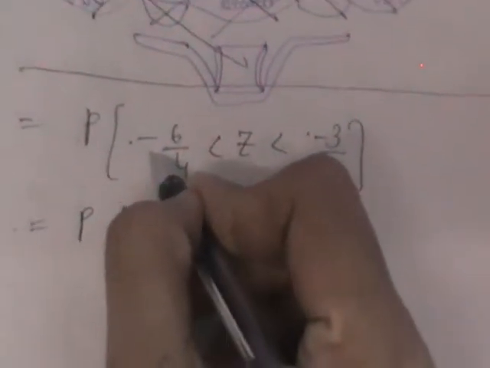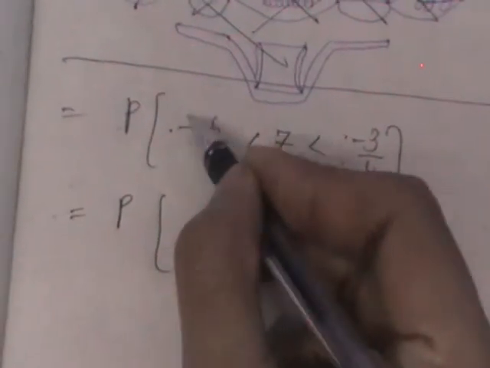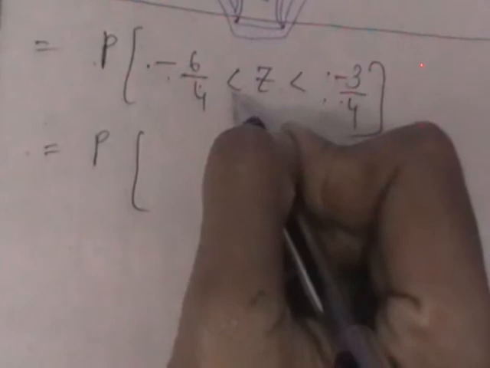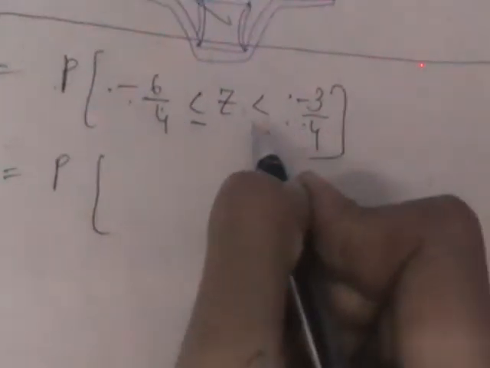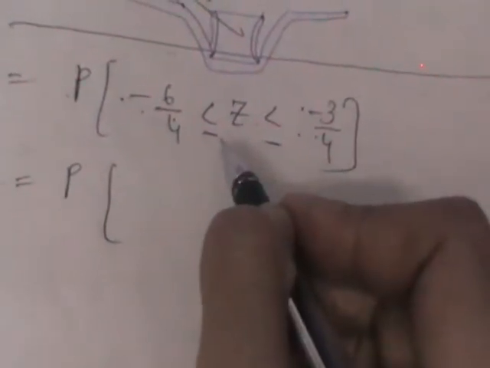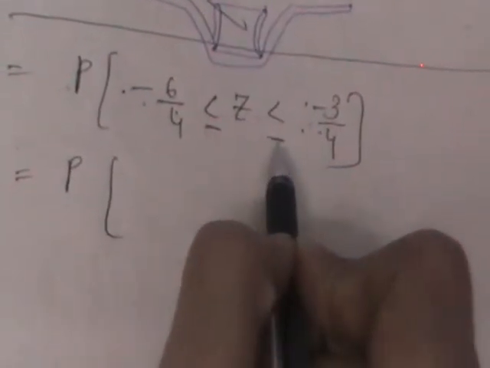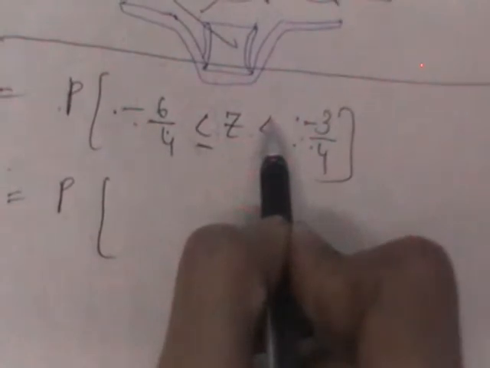Okay. Minus 6 by 4 means we have minus signs here and here. To take out these minus signs, let us multiply by minus on both sides, so that the inequalities are going to change. This is a mathematical transformation. Whenever we change the signs in an inequality, the places are going to exchange.